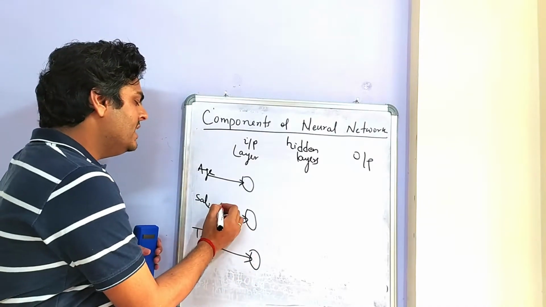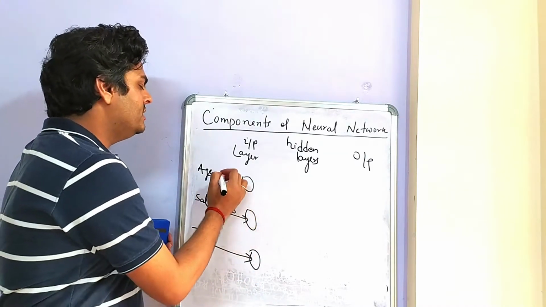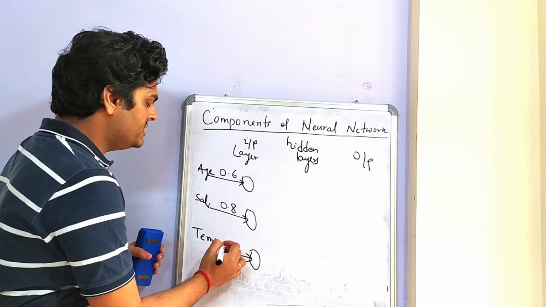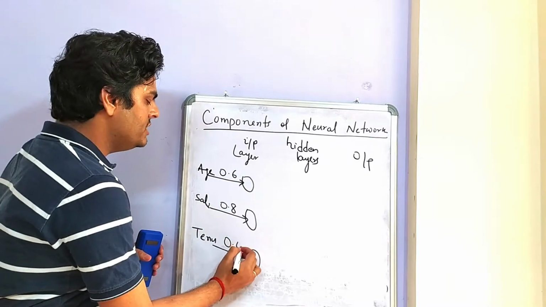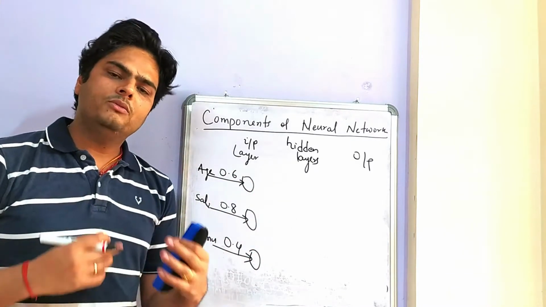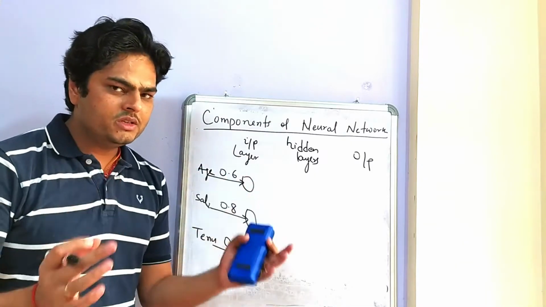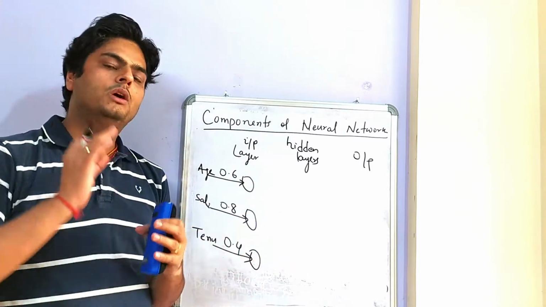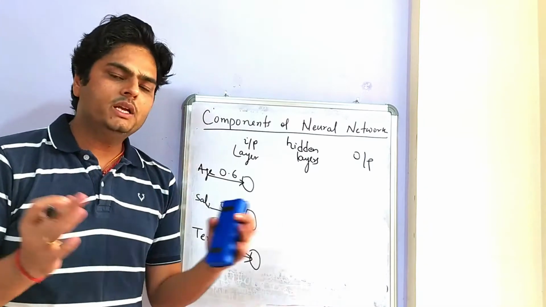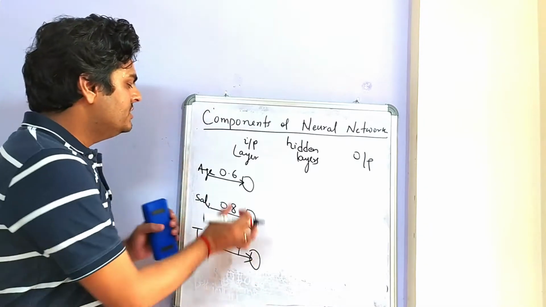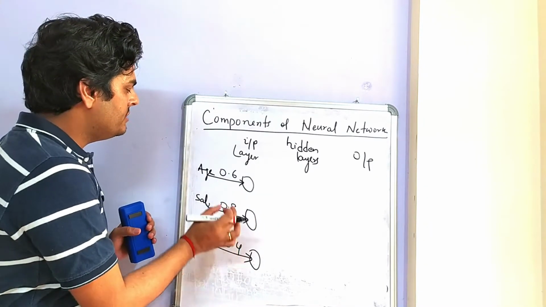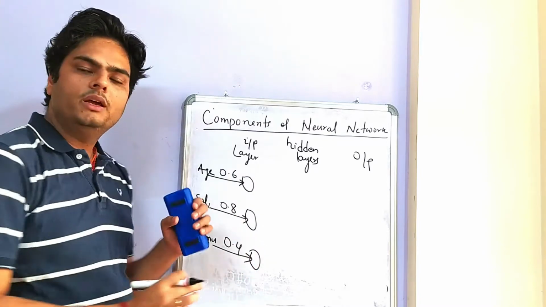To salary, I am assigning weight 0.8. To age, I am assigning 0.6. And to tenure, I am saying 0.4. Just some random weights I am assigning. There is a separate discussion on how to assign the weights. I will create a video on that going forward. These are the weights in the beginning that I am assigning to age, salary and tenure.